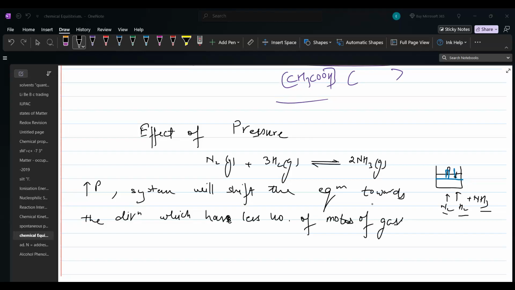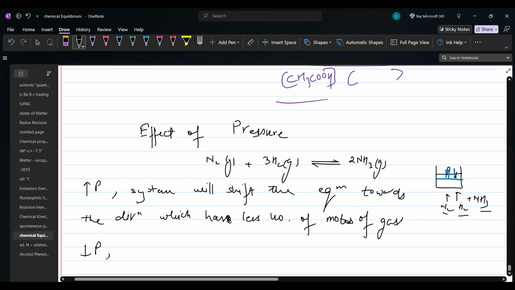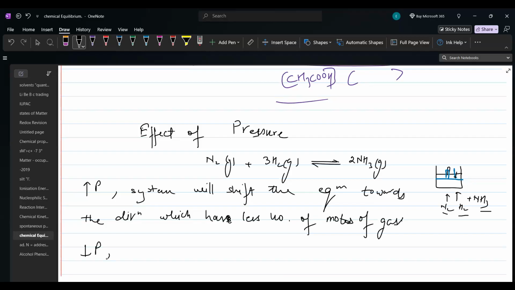Are you getting this? So that the pressure could somehow get decreased. And when we decrease the pressure, the system wants to increase the pressure again.